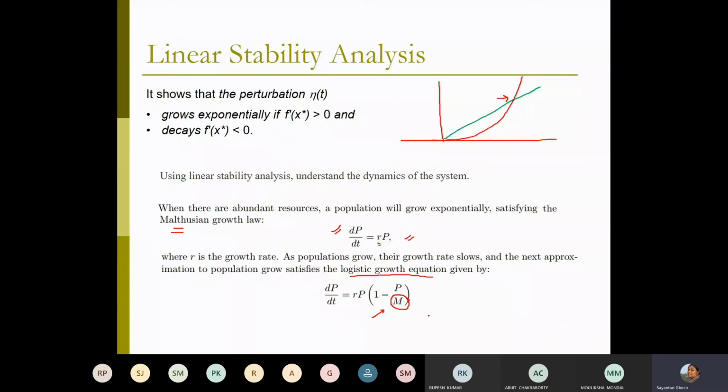Let us consider this equation, the equation of logistic growth, and try to figure out what the futures could be if we have an equation like this. What could be the fixed points of the dynamics? Now we understand and have interpreted our system.